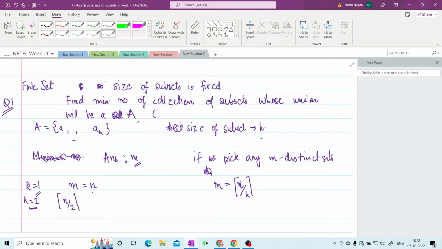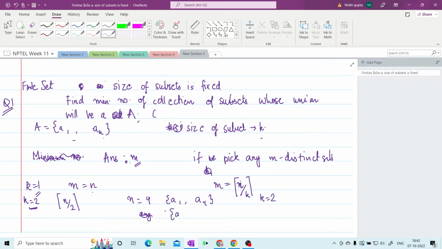Because if we have the ceiling function of n by 2, let me check: suppose my n was 4 and k equal to 2, then any two subsets should give you the whole set.